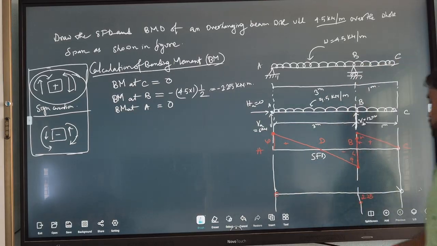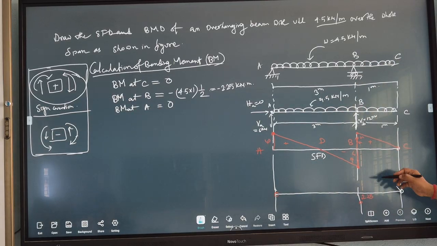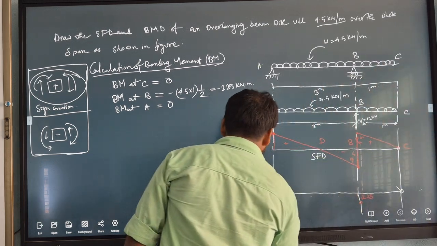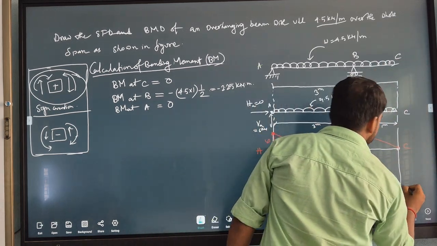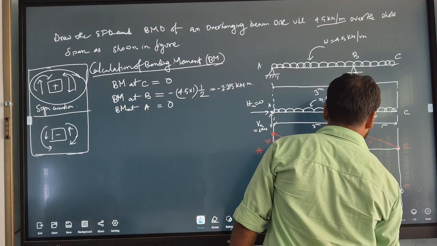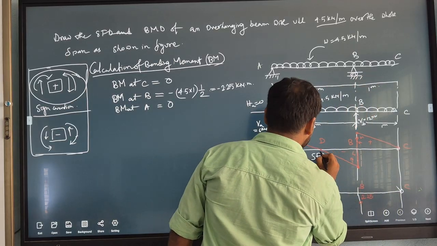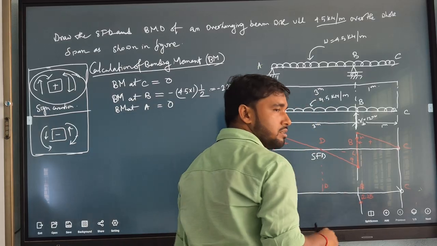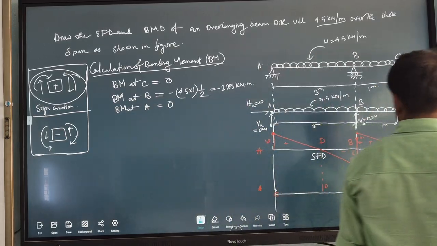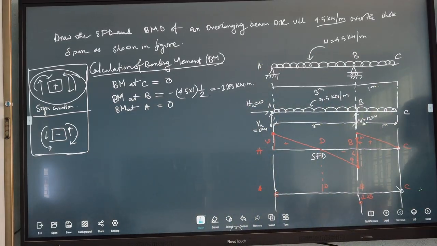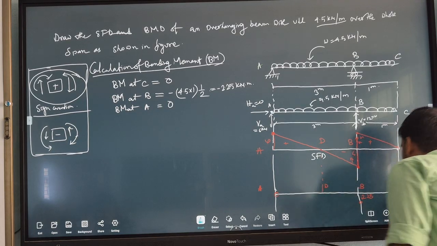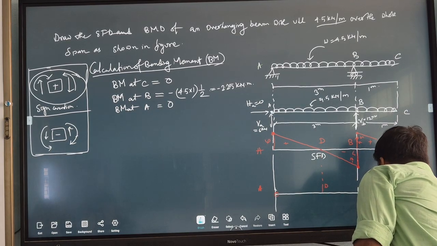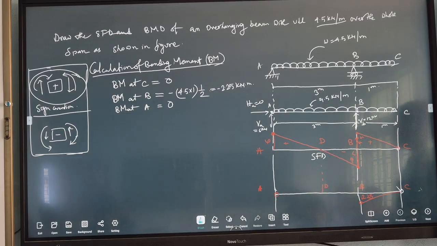Now how will you join A and B? A, C, D. How to join BC? The parabolic curve becomes like this.